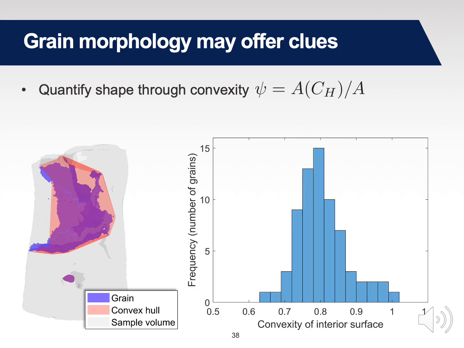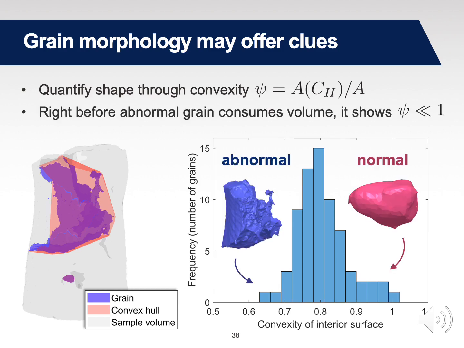And so we tabulated for all of the grains in our microstructure, right before abnormal grain growth takes over, the distribution of convexity. And you see here that the abnormal grain is at the very tail end of this distribution. It is the most irregular. In fact, you can see these peninsular regions where the abnormal grain shoots out.